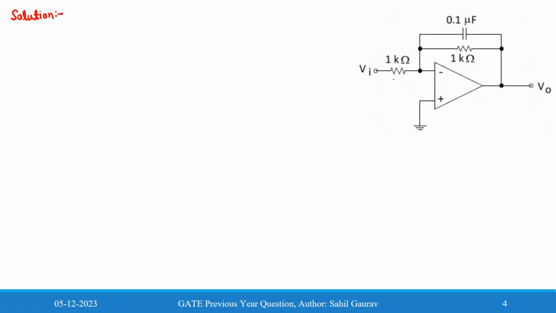Take Z1 as 1 kilo ohm, and we are assuming this 0.1 microfarad in parallel with 1 kilo ohm is Z2. So Z1 is 1 kilo ohm, and Z2, how can we write? Z2 we can write as 1 kilo ohm in parallel with 1 divided by jωC.